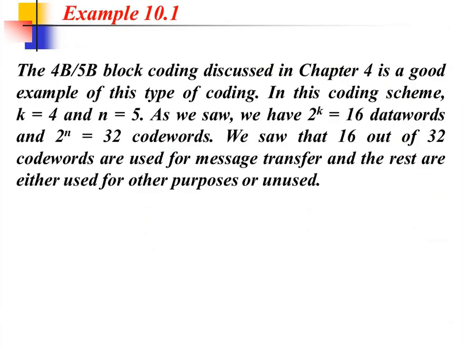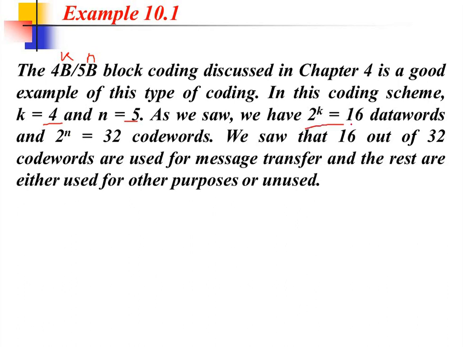If I generate a code word with 4 bits and 5 bits, 4 bits is the data block, so k is equal to 4 and n is equal to 5.